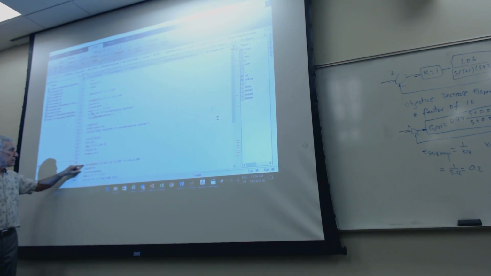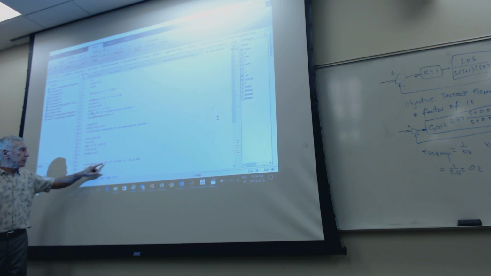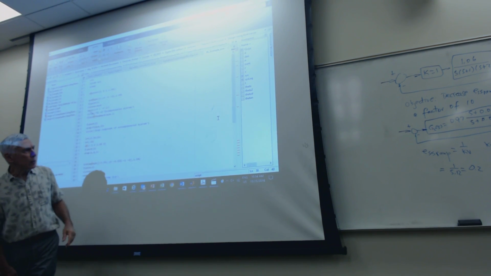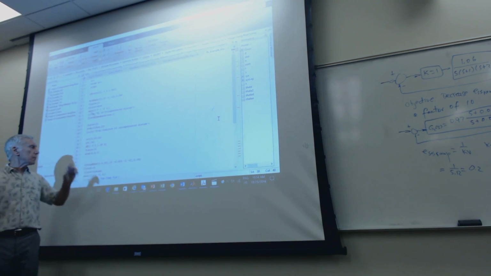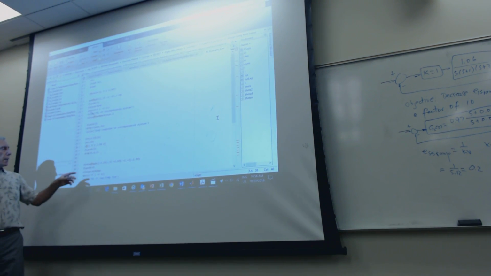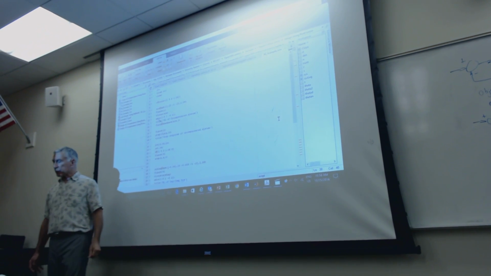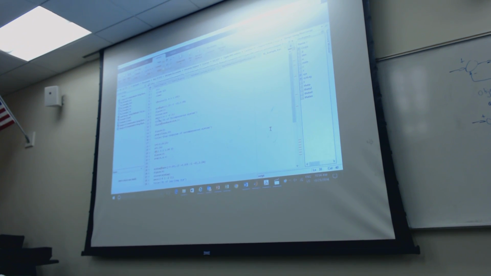and this one is for the lag compensator. I put in the pole and the zero, right? That's a pole and that's a zero. And so I'm using the ZPK command. Do the root locus on that. I did a few other things on there.